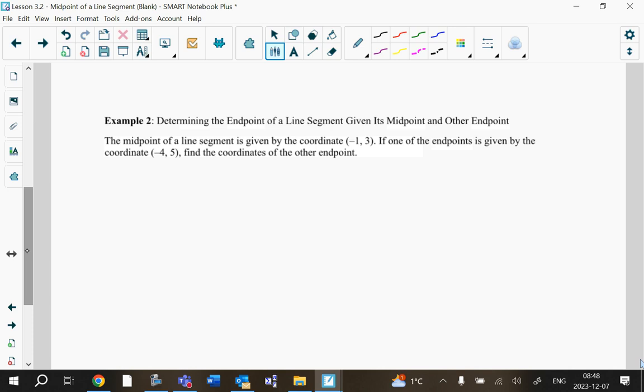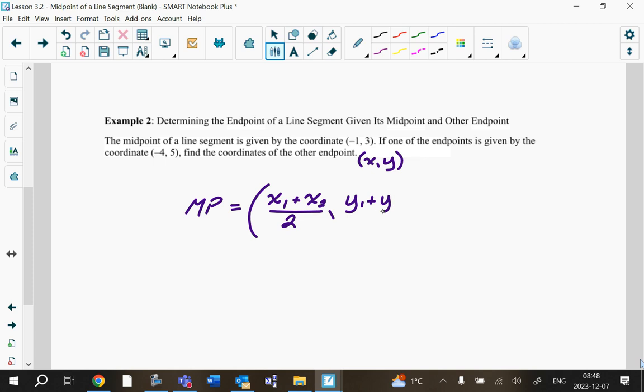So we're trying to find a coordinate. The other endpoint, we don't know what it is, so let's call it (x, y). Remember, to get the midpoint, we take (x1 plus x2) divided by 2, comma, (y1 plus y2) divided by 2.